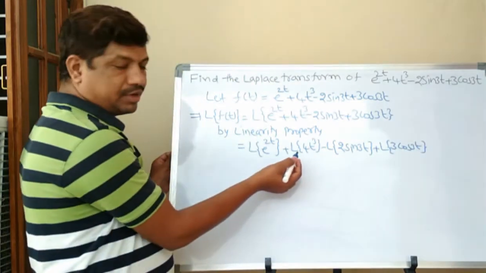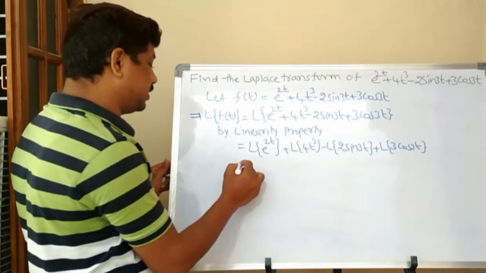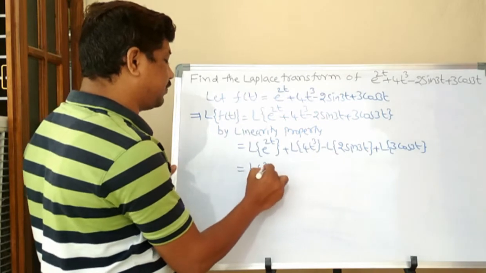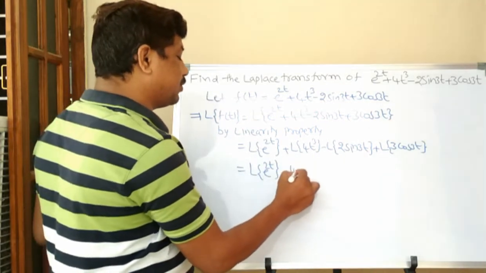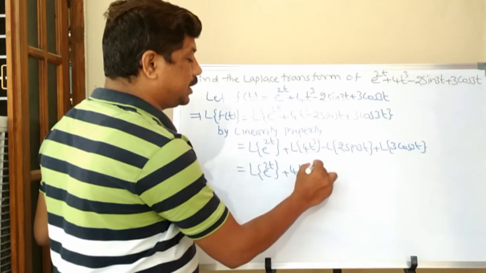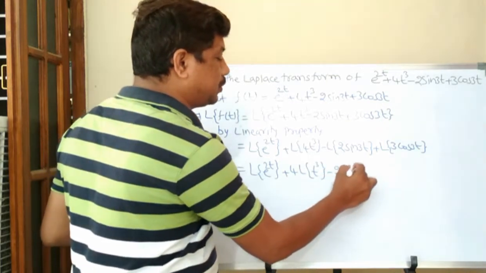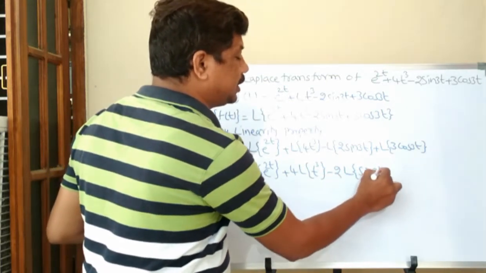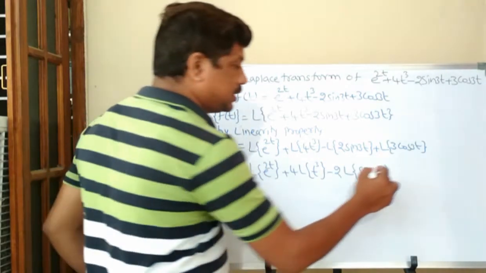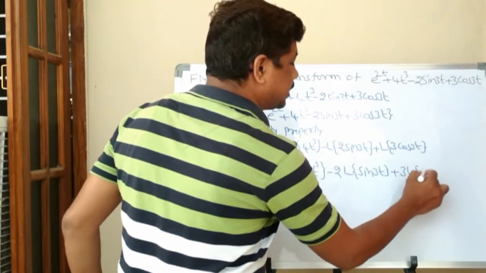Now the constants should be written in front: Laplace of e power 2t plus 4 Laplace of t cube minus 2 into Laplace of sin 3t, and lastly plus 3 Laplace of cos 3t.